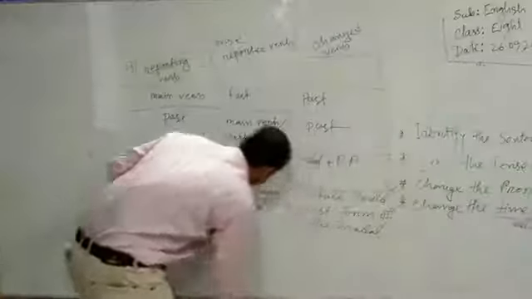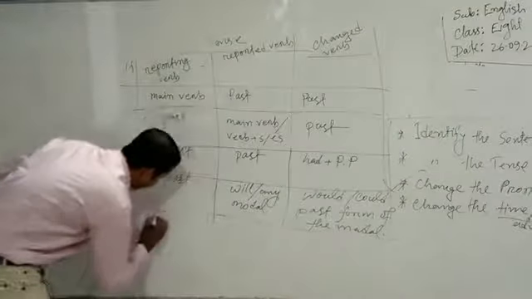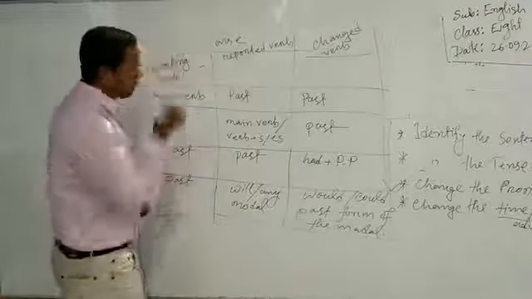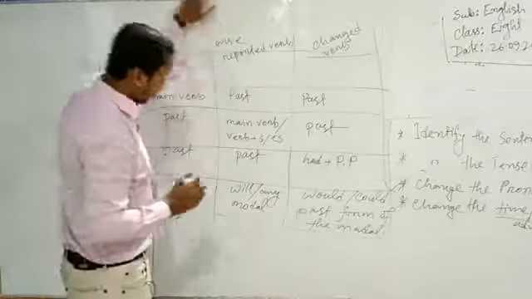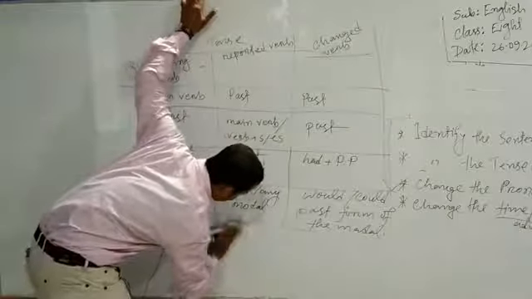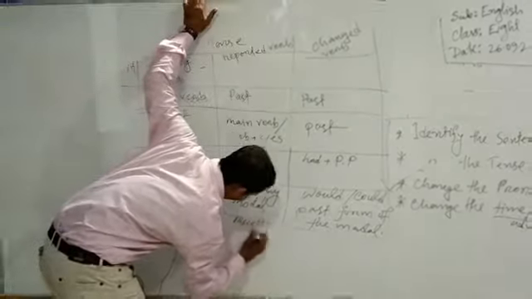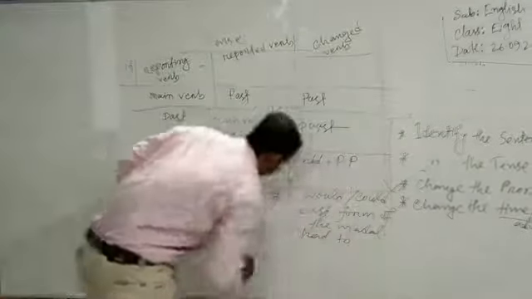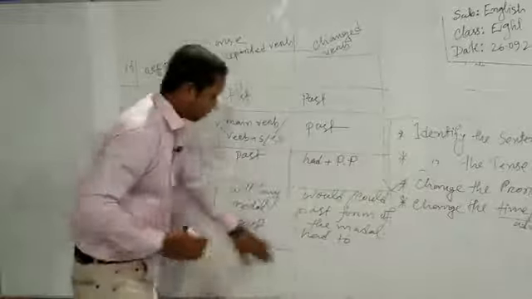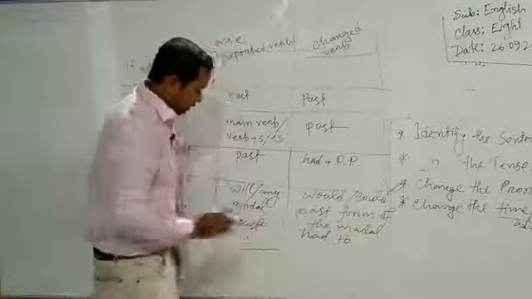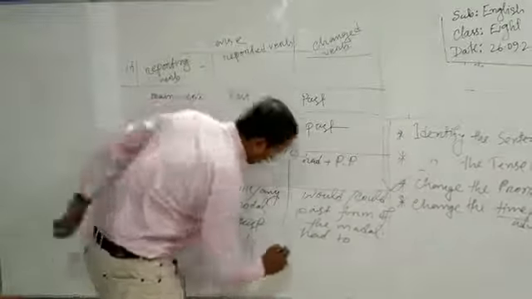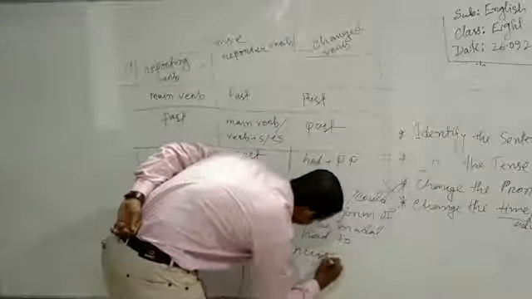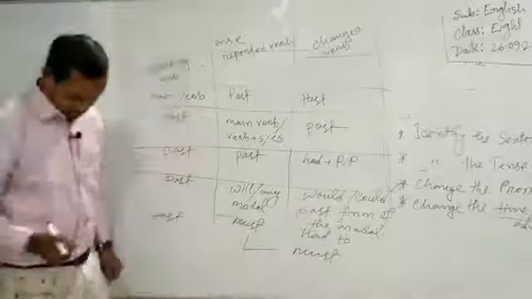So if the reporting verb is past and we have must in the reported verb, then we have to change it to had to. But if it is a habitual fact or universal truth, these types of sentences will not change, and must will remain must. Okay. This is the simple rule.